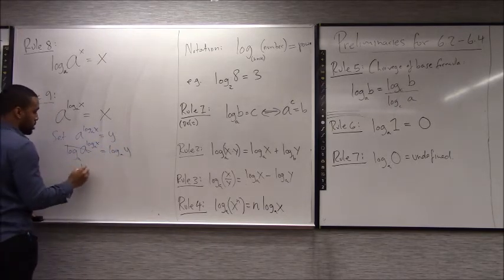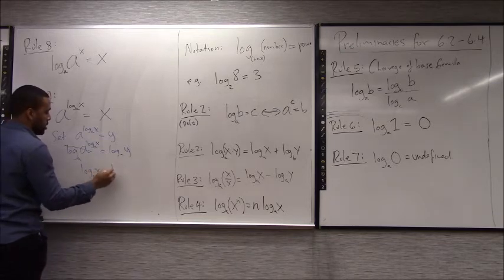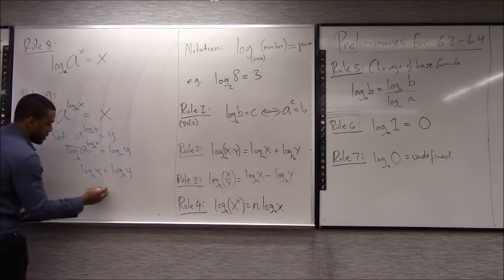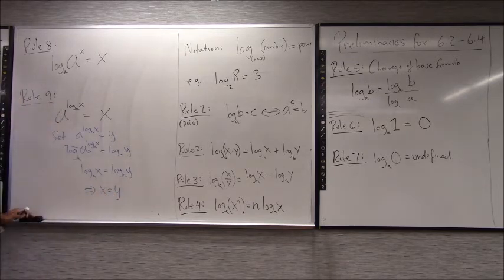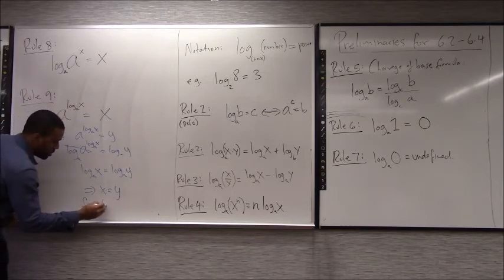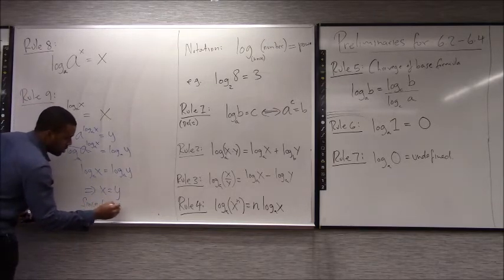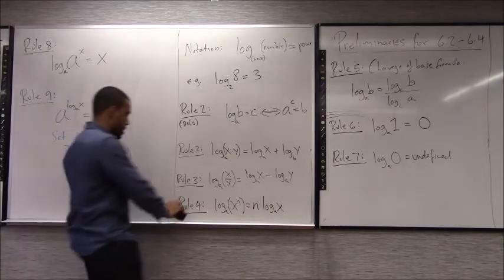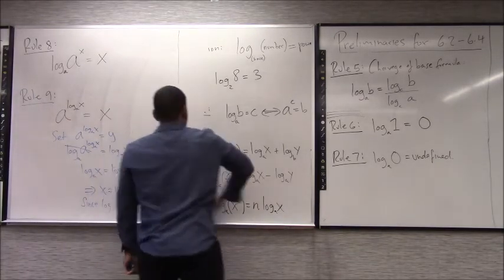This one becomes log to the base a of x, and this is equal to log to the base a of y, and so this means that x equals y, which is the original function. And this happens since log is a one-to-one function. You can actually graph logs by plotting all the points for the powers, and you'll realize that it passes the horizontal line test.